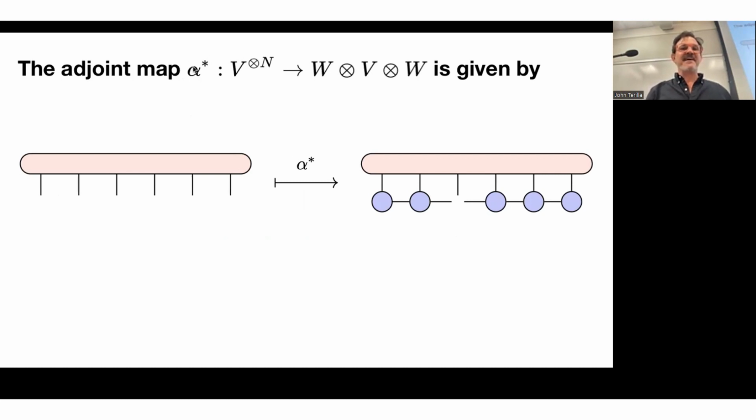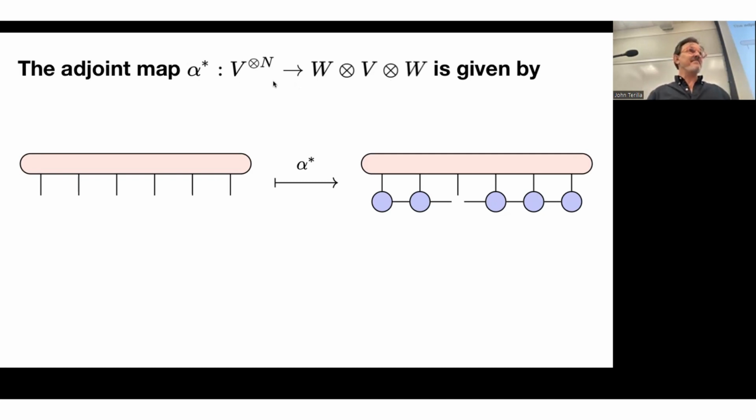So an arbitrary tensor in this large Hilbert space H, these capital N copies of V, I'm going to denote by this pink blob, which just means it's a number for every possible choice of index on the bottom. And then now I need to get something that has 3 indices, 2 bond indices and 1 physical index. And how do I do it?